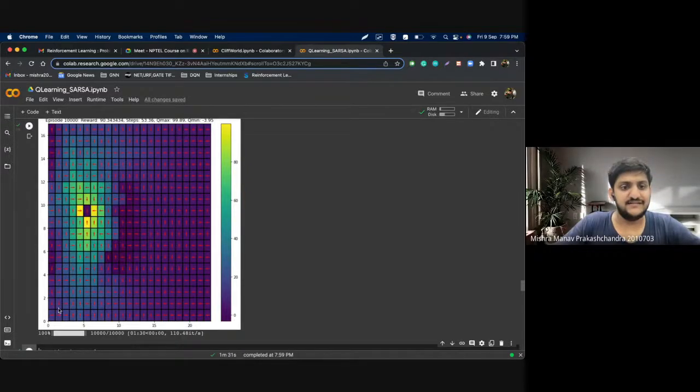I think this is the starting position, most likely. That's why this didn't get updated, because if it had started from here or here, maybe the paths would have been straighter. Since it started here, it's going here.